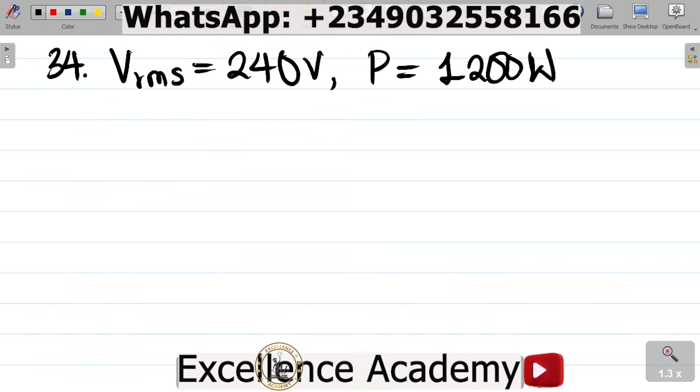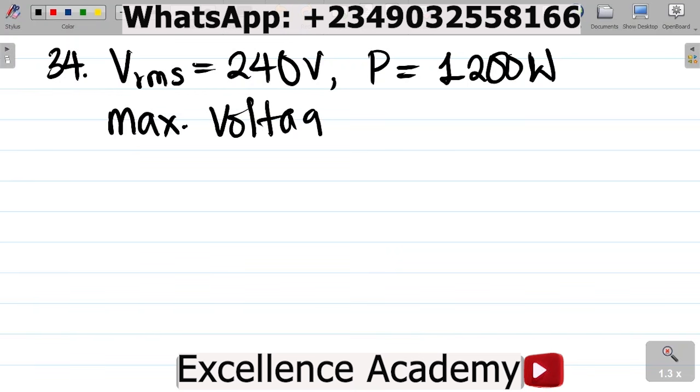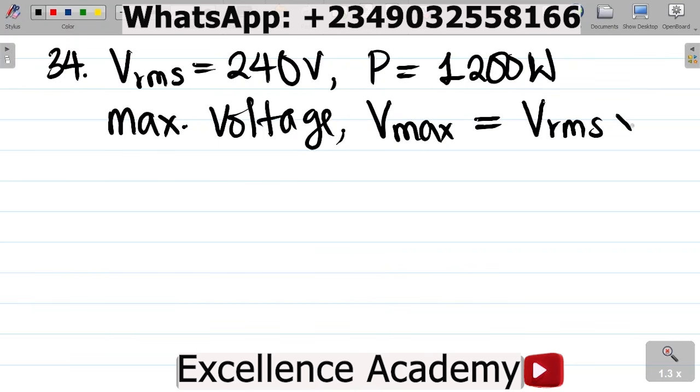So let's get the maximum voltage, which we call Vmax. How do we get it? Well, the formula is simple: Vmax is equal to VRMS times root 2. To get the maximum voltage, just multiply the VRMS by the square root of 2.